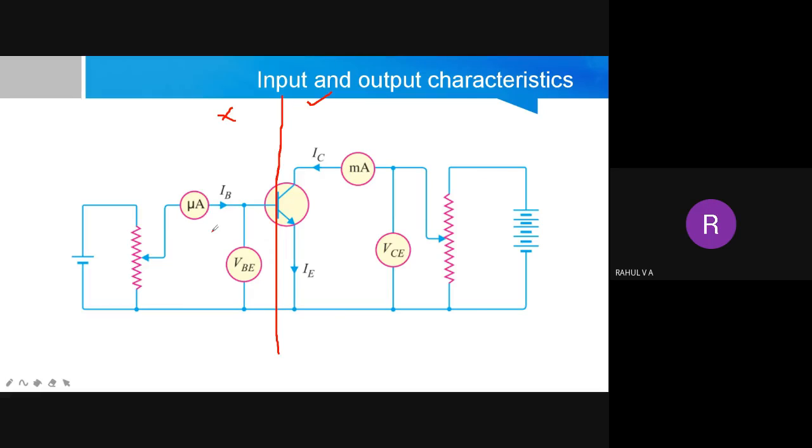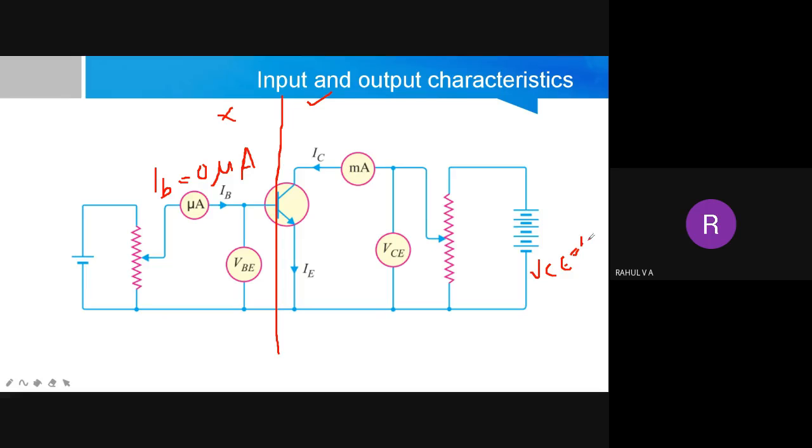So first what we will do is we will set some current IB here. First we will set IB equal to 0 micro ampere. Here also we will set VCE equal to 0. Slowly we will increase. IB is constant, we are not changing IB.